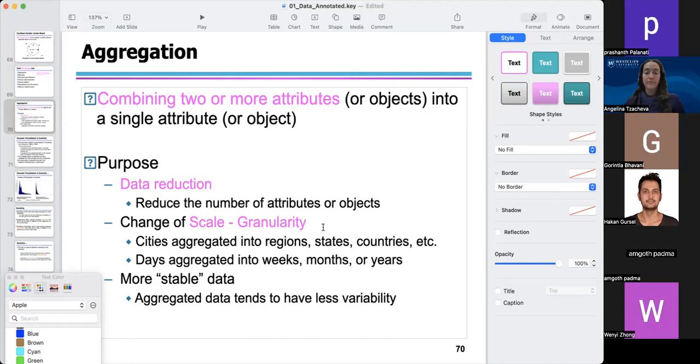This means if we want to have some report that combines the entire state of California or the entire Southwest or the entire East, Southeast region, then we would change the scale. Instead of looking at specific addresses, we could look at zip code or state only. So this way we are aggregating the objects.